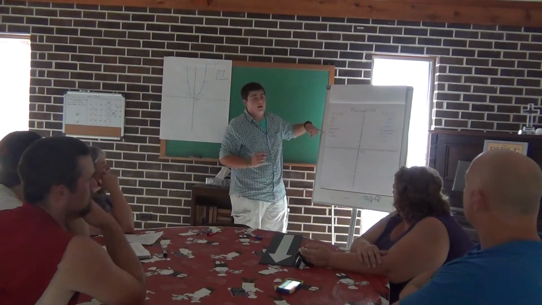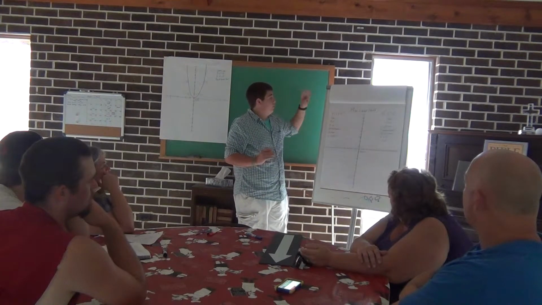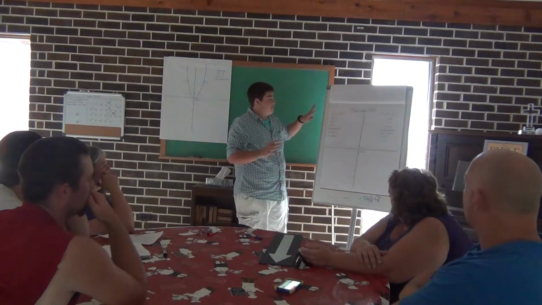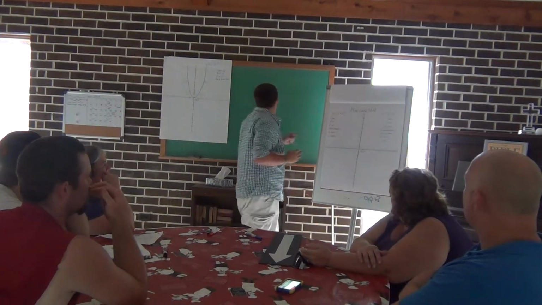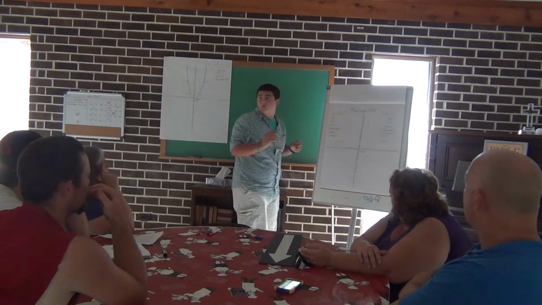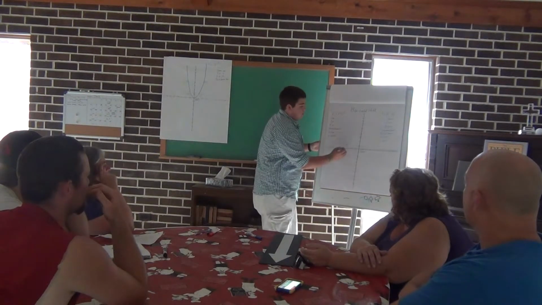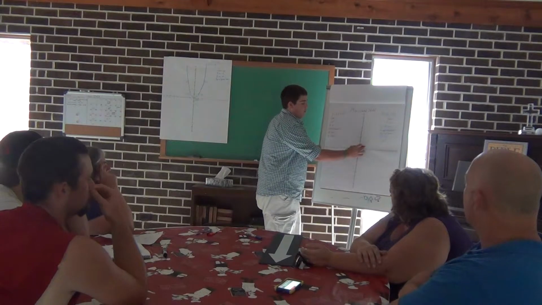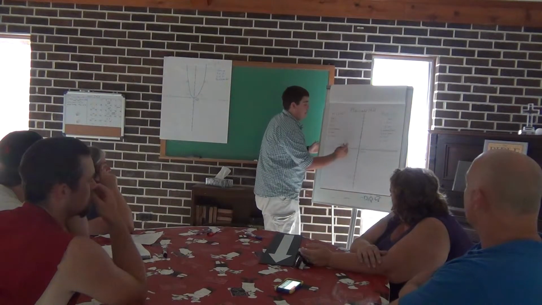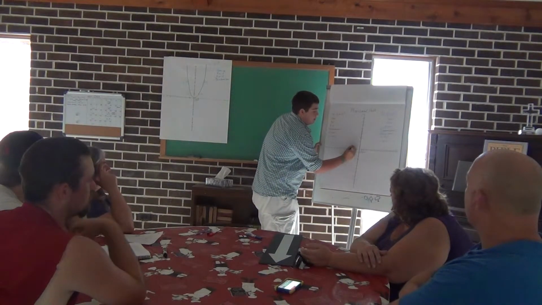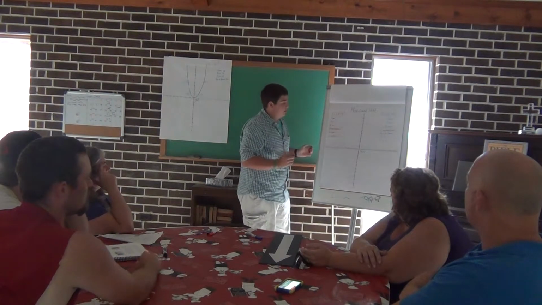Since it does not have any vertical or compression or shift factors to it, it'll just be plotted as a standard square function. So instead of being at 1, 1, its first value would be at negative 2, 1.